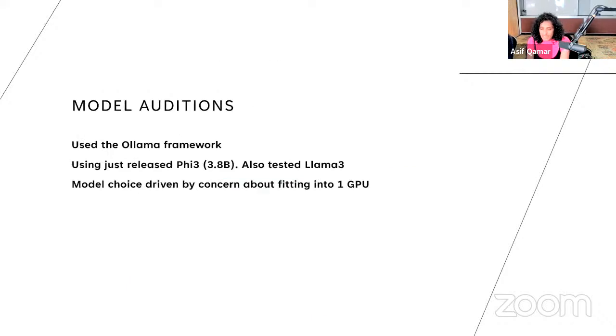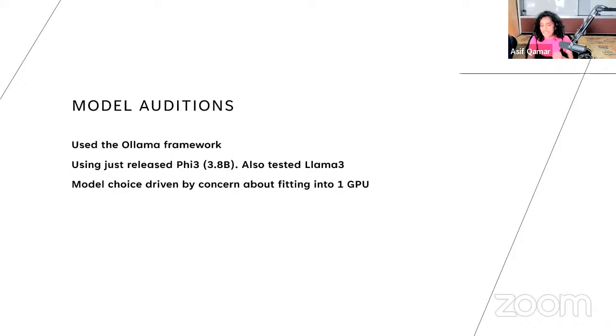For model selection, we started using the Ollama framework, and we didn't have any experience using those 4 GPUs, so we thought, okay, let's try to get it working with 1 GPU. The constraint with 1 GPU is limited memory, so we couldn't go crazy.